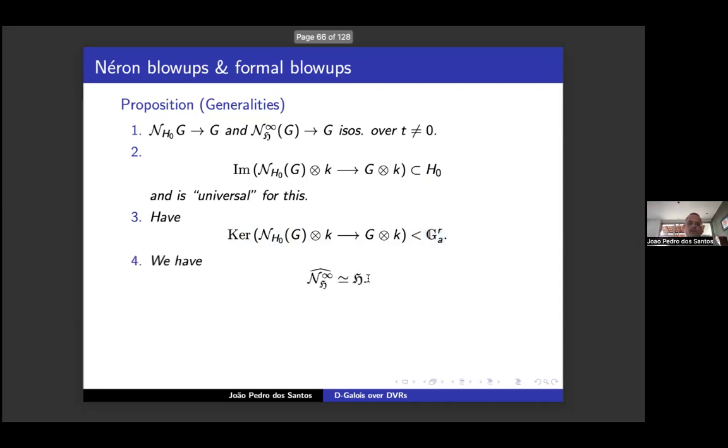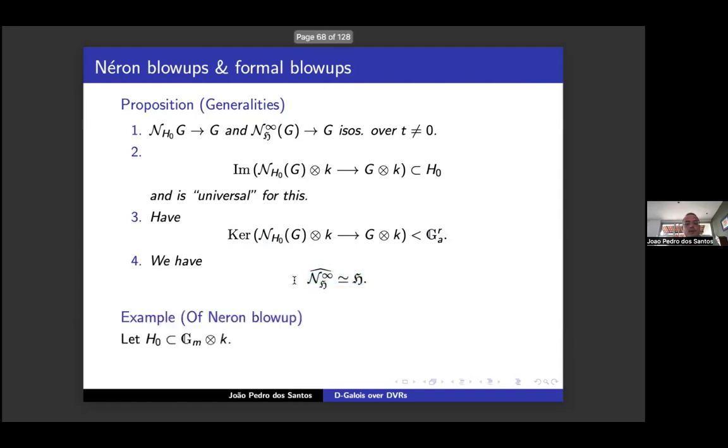And this extremely nice property of the Néron blow-up of a formal thing says that when you complete the group, you just recover the formal group you started with. So this is a very nice property, which will show up later.